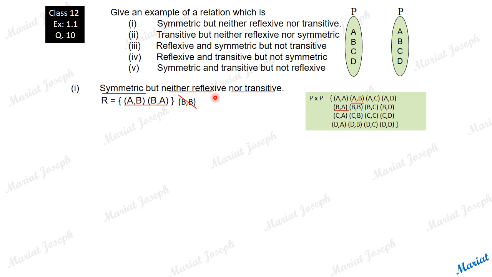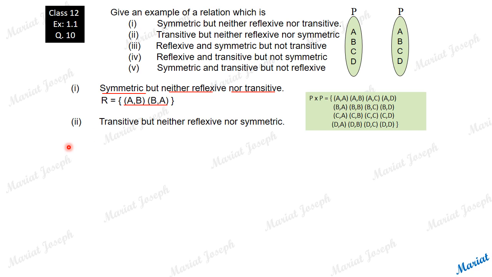If you choose AA and BB both in this relation, the relation would become transitive. So, we avoid taking them. So here, by choosing only these two elements to form this subset, we have maintained this relation symmetric, but neither reflexive nor transitive.